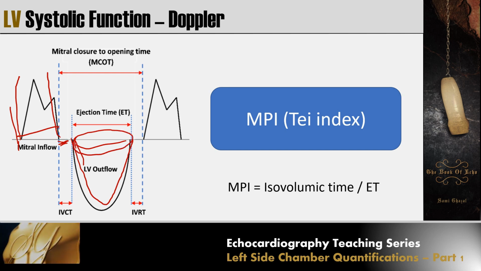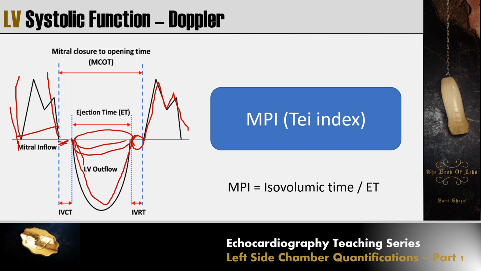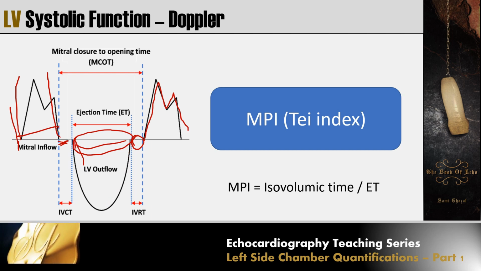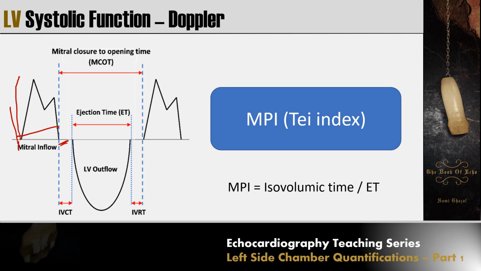And then you have isovolumic relaxation time, the beginning of diastole, but there is no filling of the LV. And then again, the LV starts to fill through the mitral valve. So what is this MPI, or performance index?